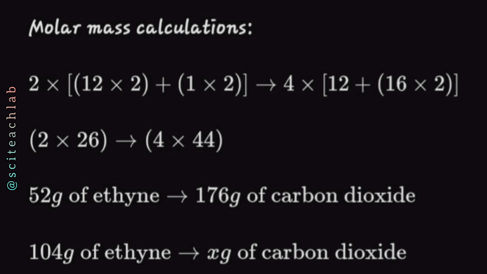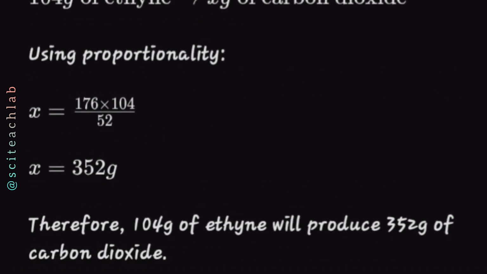We put that in mathematical form: 52 grams of ethane yields 176 grams of CO2, then 104 grams of ethane will yield X, and we cross multiply and find X to be 176 times 104 all over 52. Then we discover from calculating that 104 grams of ethane will produce 352 grams of carbon dioxide.